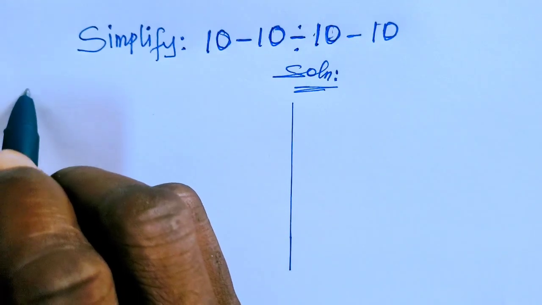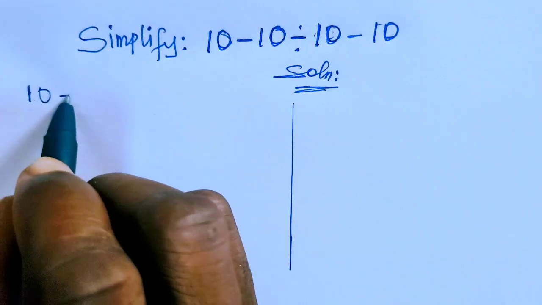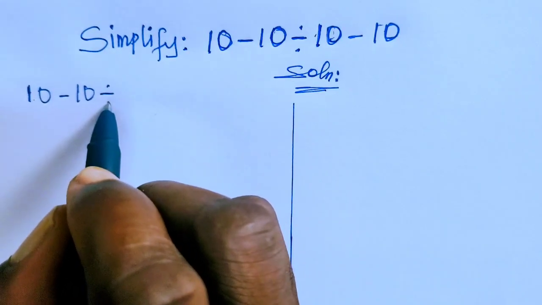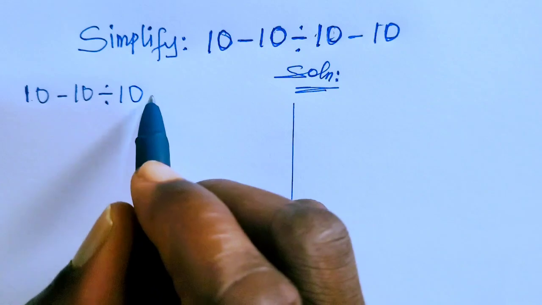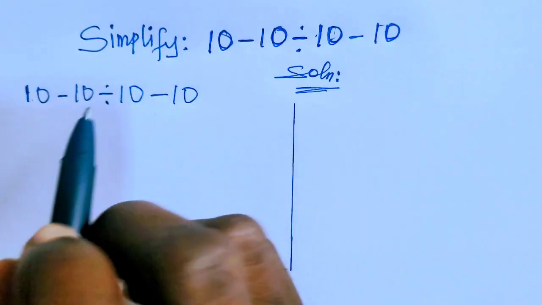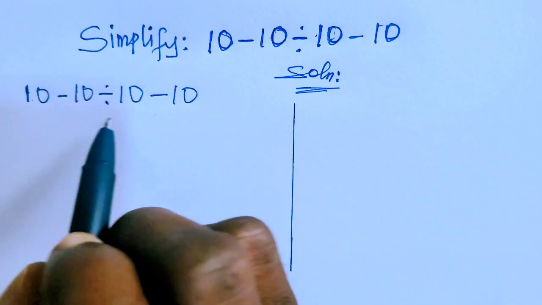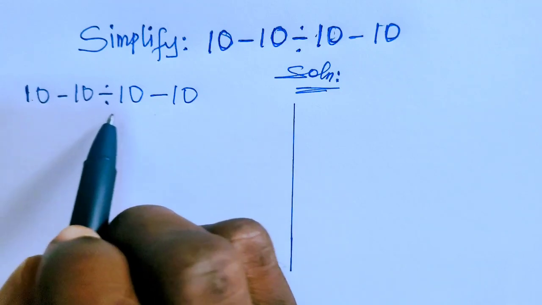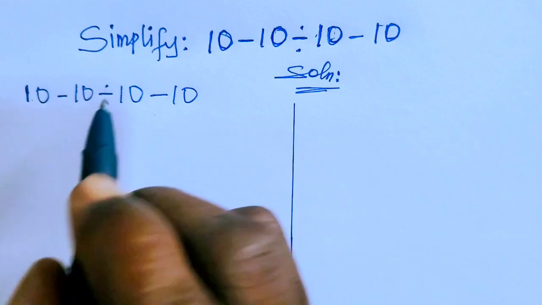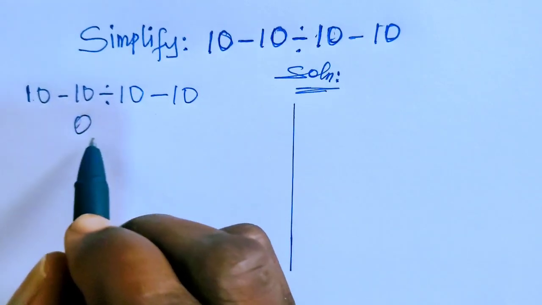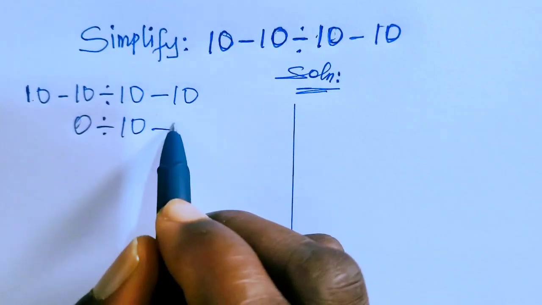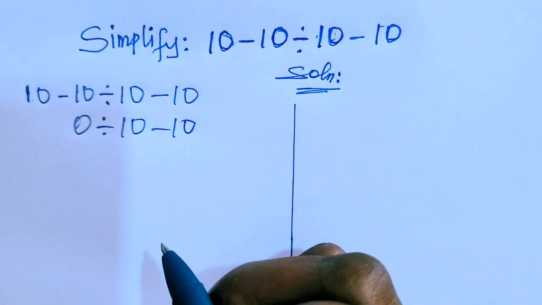They had this 10 minus 10 divided by 10 minus 10. Here, they started the simplification following this order of operation. Now here, 10 minus 10, that's 0, divided by 10 minus 10.